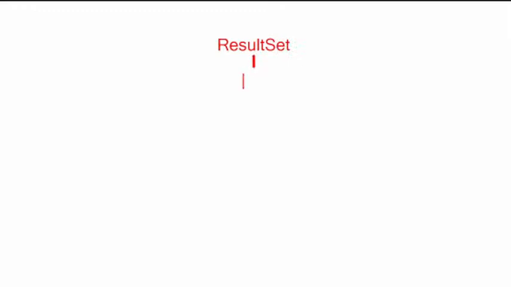ResultSet is inherited in RowSet. One more RowSet is there, common to all. From this, derived here, JdbcRowSet. This is inherited in OracleJDBCRowSet.